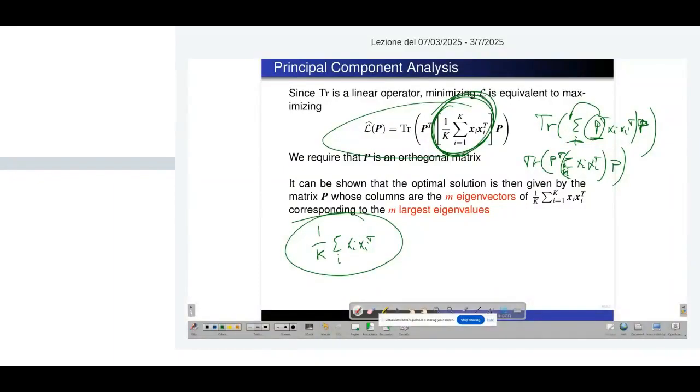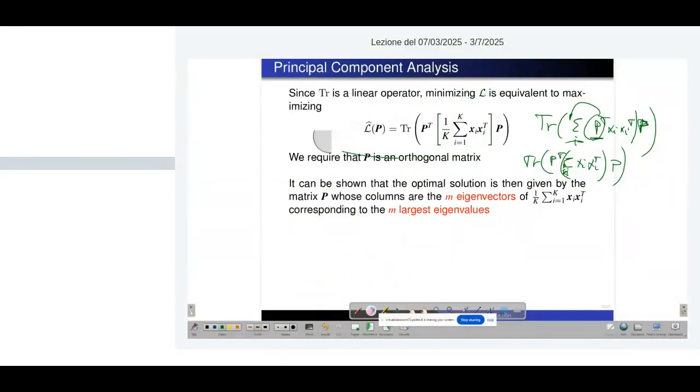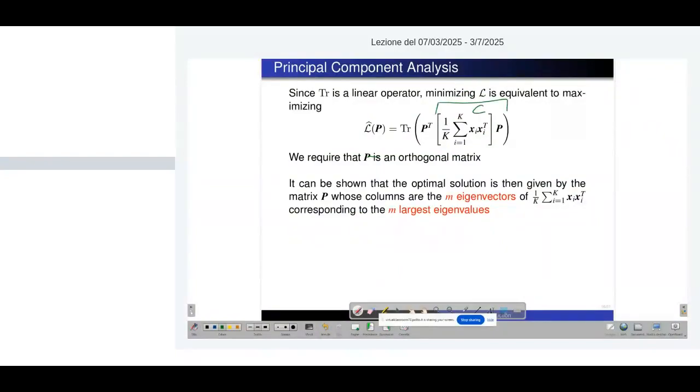So it's important to highlight that this is what the problem depends on. Let's call this matrix C. We have to maximize this with respect to P, subject to P transpose P equal to the identity. The problem depends on the data through that matrix.